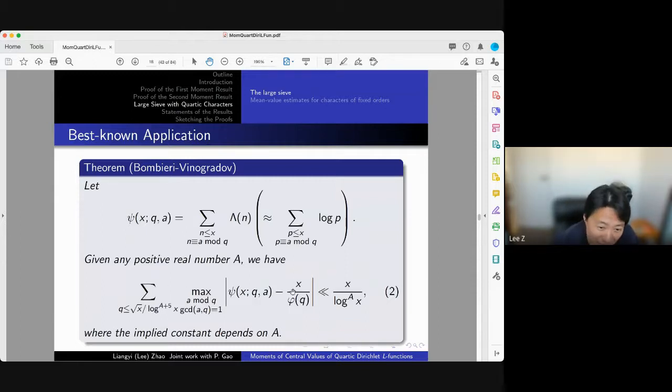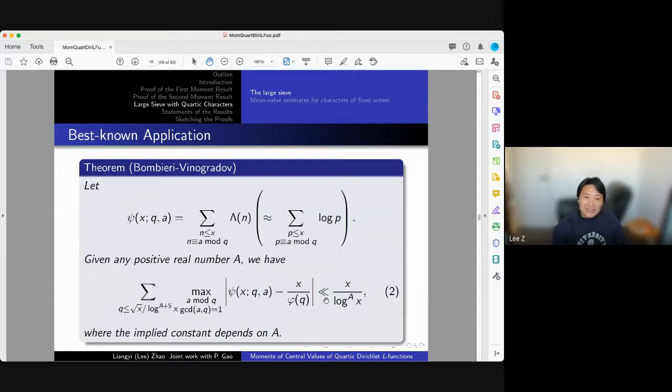Then we're taking the average over these error terms, where q runs from 1 to basically the square root of x, up to some log power. The sum, or rather the average, of these error terms is at most x over log to the power A of x, and the implied constant here depends on A. So that's perhaps the best known application of the large sieve inequality for multiplicative characters.